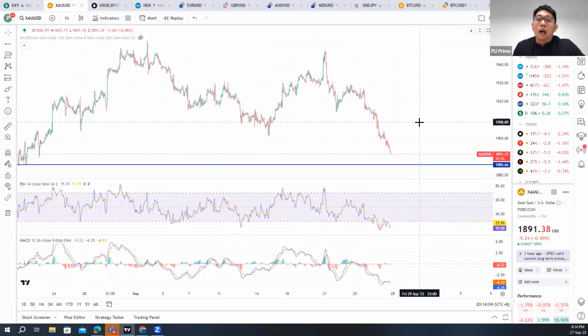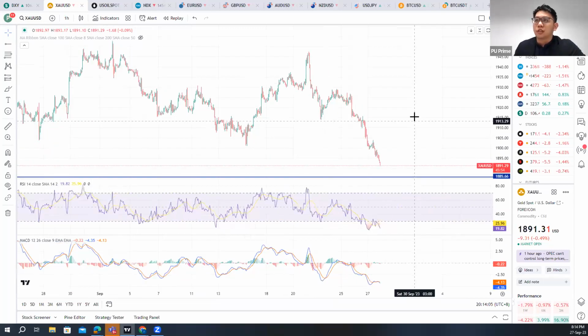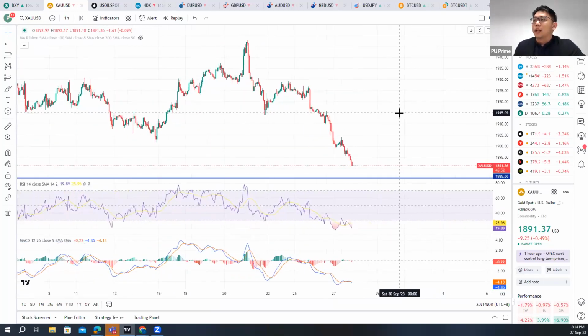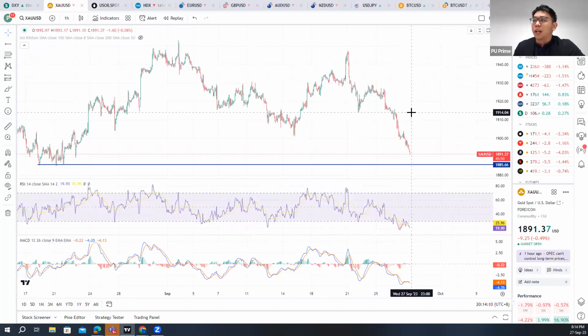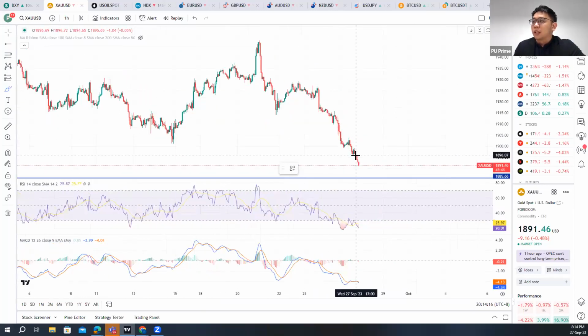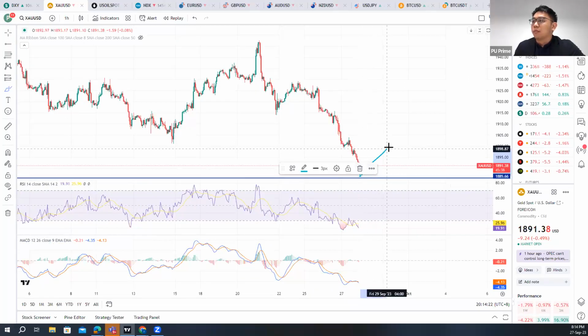So if you are currently holding short positions, congrats. But if you didn't hold any short position, there are two scenarios for you. It's either when the gold price reaches this level, you can maybe try to catch a technical rebound from here.